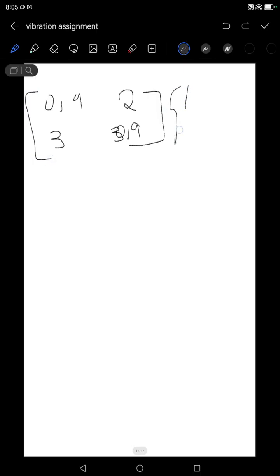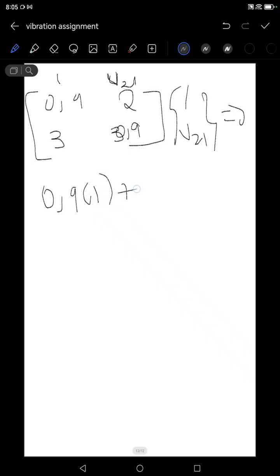And then we have 1, V21, all equal to 0. Now we can get the equation from this matrix. Remember, this 0.9 goes with 1, and this 2 goes with V21. So we have 0.9 multiplied by 1, plus 2 V21, all equal to 0. If it was negative, we would say negative.